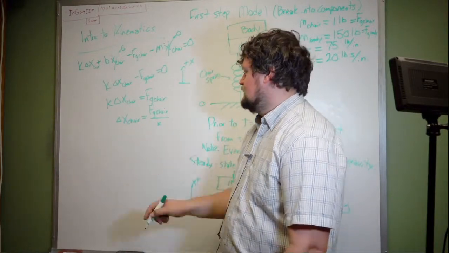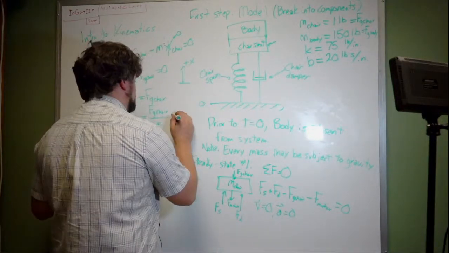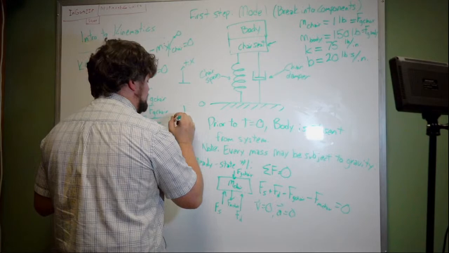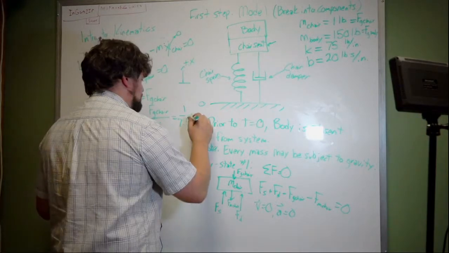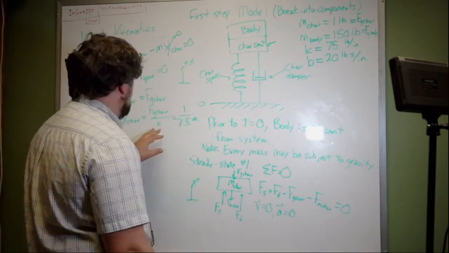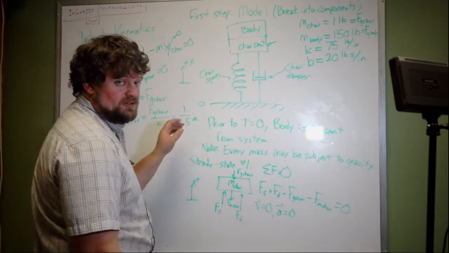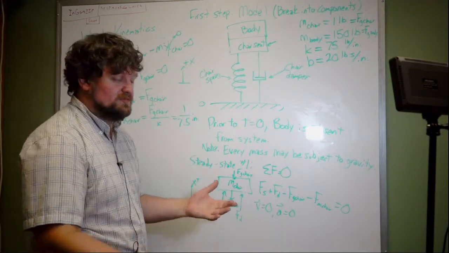Change in x value is equal to the weight of the chair divided by k, which is 1 over 75, which I'm not going to look up that number because that's pretty small. Okay, and units on that are going to be inches. So this is going to deflect 1/75 of an inch just under the weight of the chair itself.